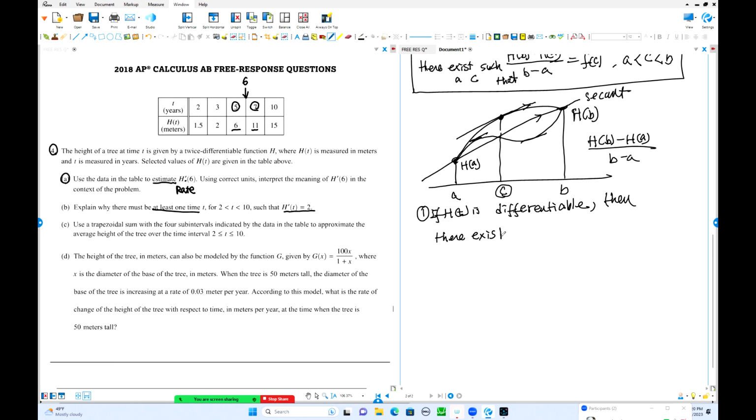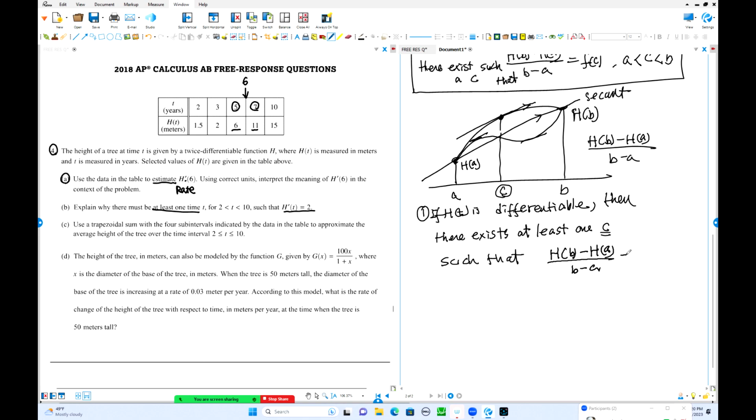So there is at least one c such that this equals h(b) minus h(a) over b minus a.